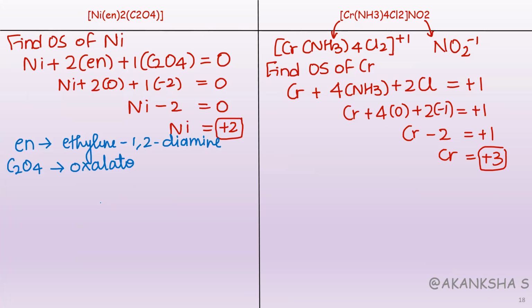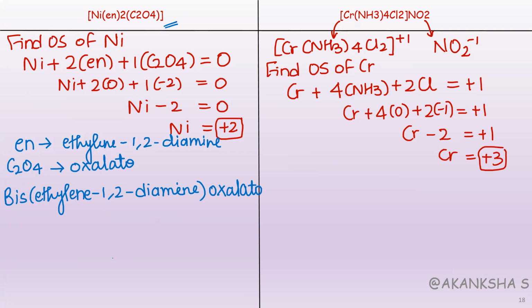E comes before O, so we need to start with ethylene 1,2-diamine. Okay, and what will be over here? 2 times, right? So bis. Finally, no need to write mono. You can directly write oxalato. See now, is there any charge over here? No charge. So nickel stays as it is, right? Nickel what? Nickel 2.